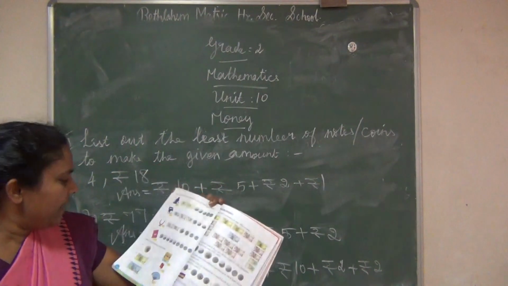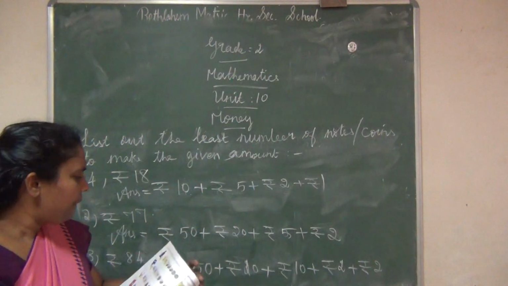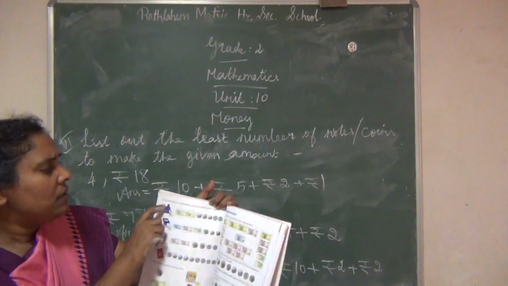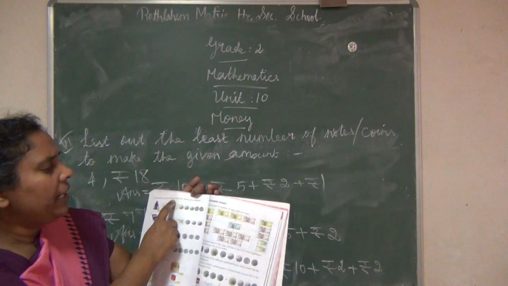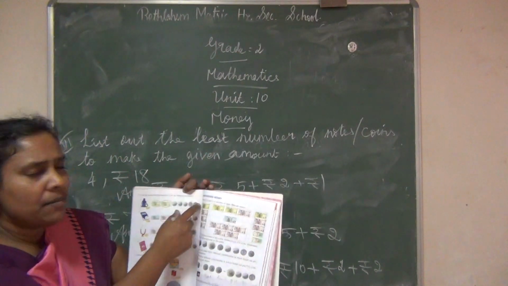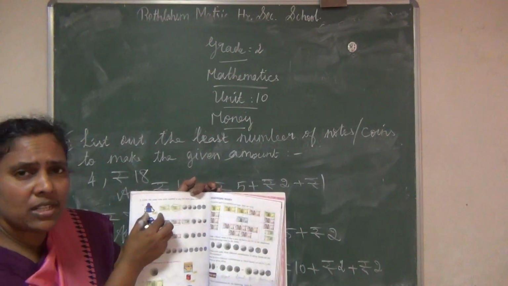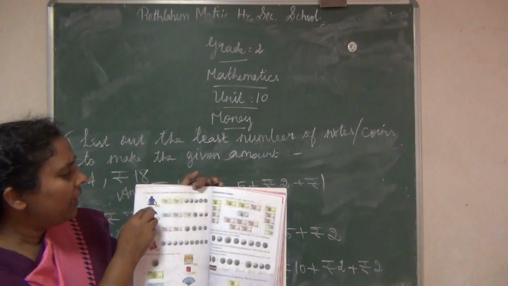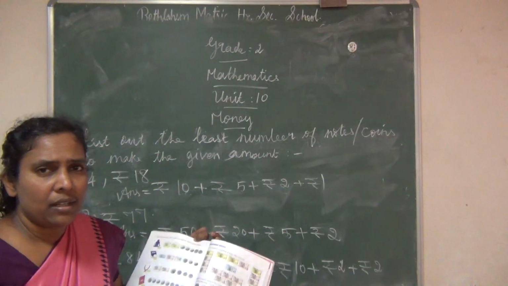Take next page, page number 160. Listen to the second question. Circle the notes and coins needed to buy the items given below. The first question, they have given one picture. See, one water bottle. Here they have given the cost of the water bottle is 45 rupees.